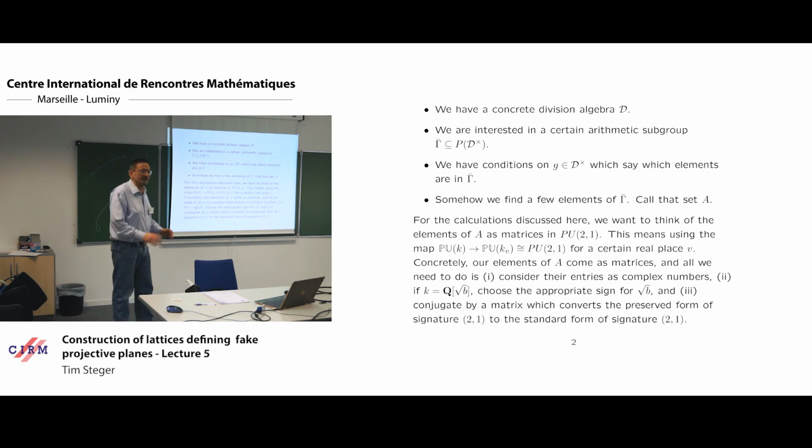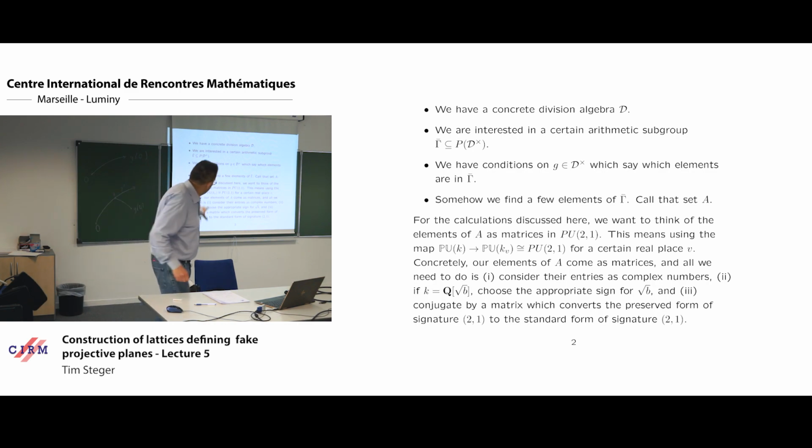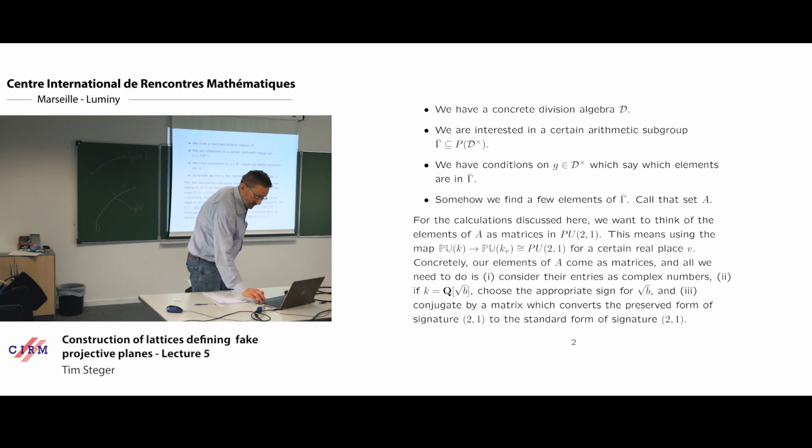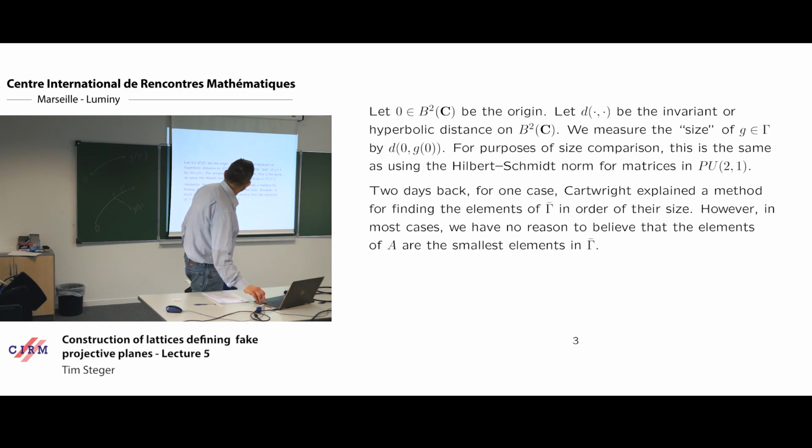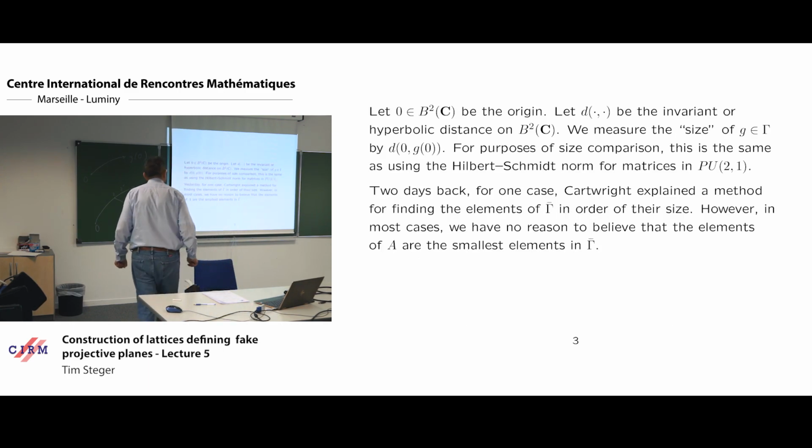So I've just dropped all the algebra. Donald did more or less the same calculations, leaving everything in much more symbolic form, and this was also possible. But if by chance you didn't understand the algebra very well, this lecture is independent of that. We just need matrices in PU(2,1).